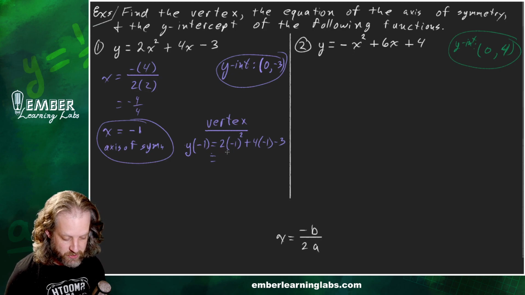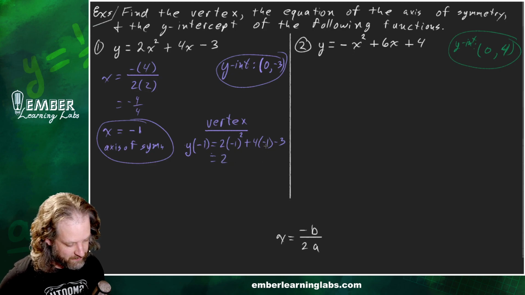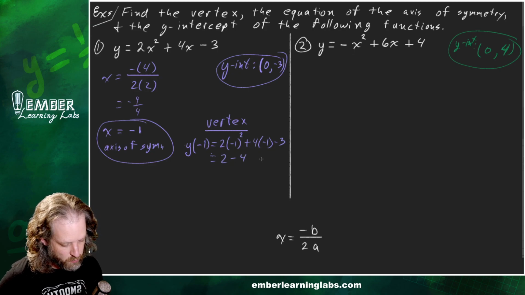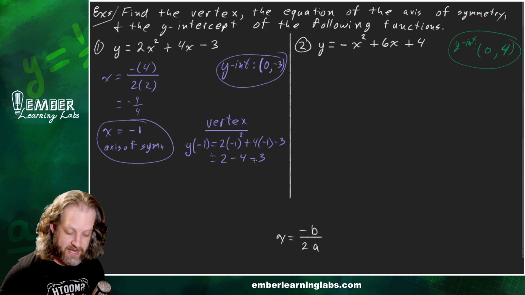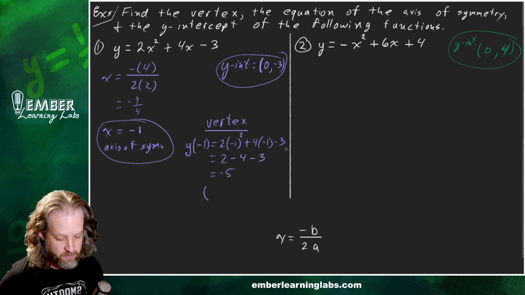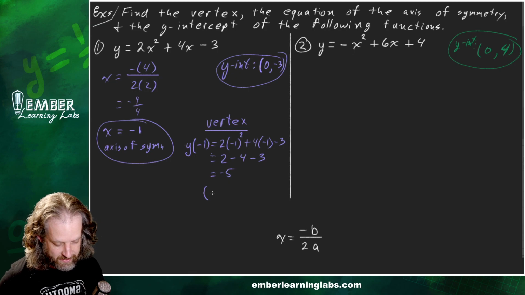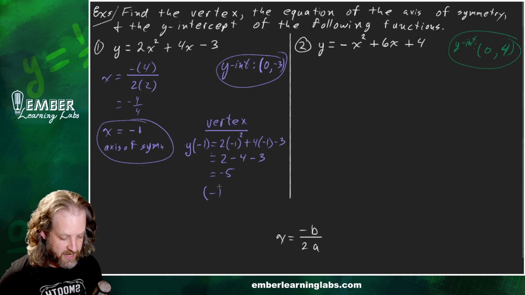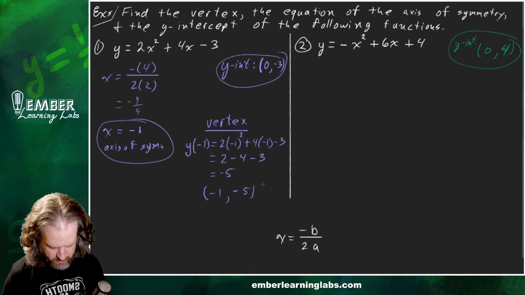So 1 times 2 is just 2. And 4 times negative 1 is negative 4. And then bring down the minus 3. 2 minus 4 is negative 2. Negative 2 minus 3 is negative 5. So the vertex, again, is a point, just like our y-intercept. It is negative 1, that's the x part, and negative 5 as the y part.